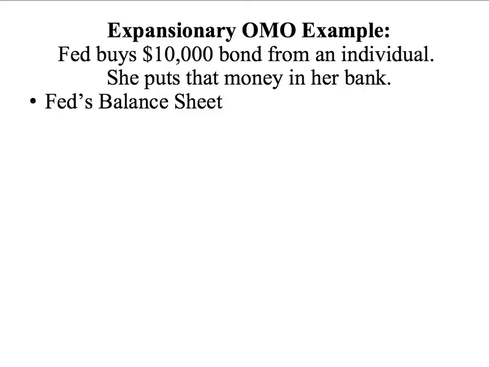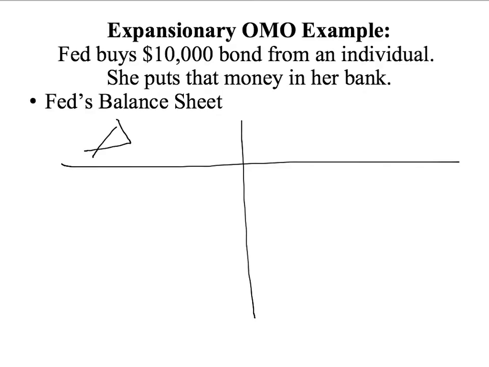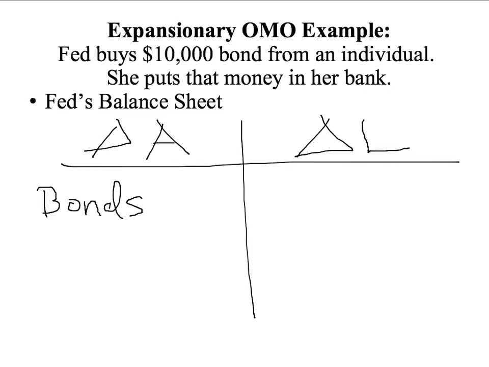Okay, so for the Fed's balance sheet, remember we're going to have our change in assets and our change in liabilities. Now, what are the assets of the Fed? Remember, they can hold bonds, they can hold gold, other things like that. In this case, the change is in bonds, and we see a change of positive $10,000. But what about those liabilities?